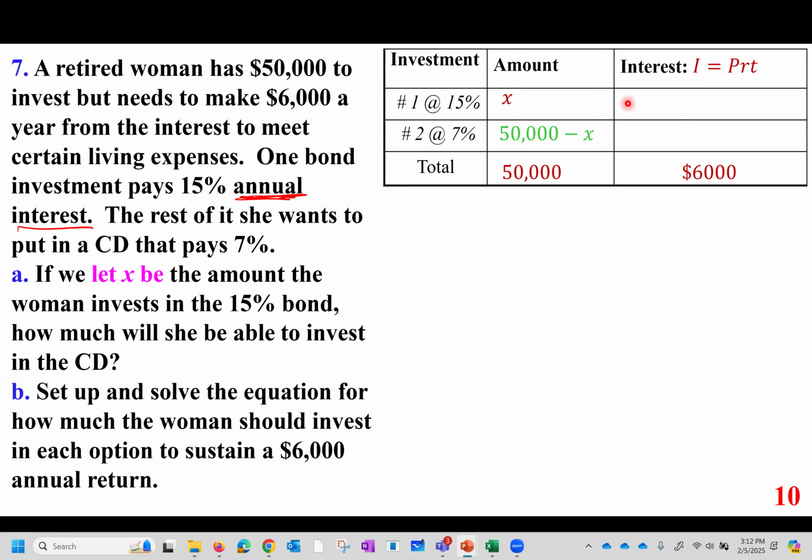Therefore, the product is 0.15 times x times 1, we don't write the 1. For the second case, it would be 0.07 times 50,000 minus x, again without writing times 1. And they're supposed to add up to give $6,000. So just add them up.